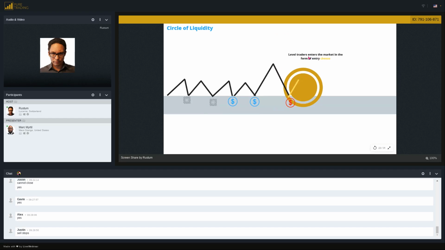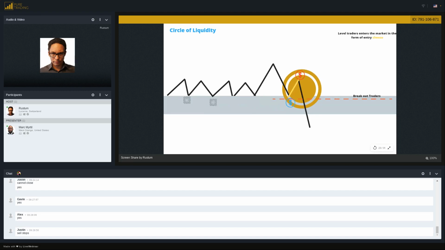So the level traders are coming into the level and create the entry cheese, and they put their stops there. The next step is our breakout traders. They come down and they break through the level of support, and in the meantime also take out the stops created by the level traders, the entry cheese.